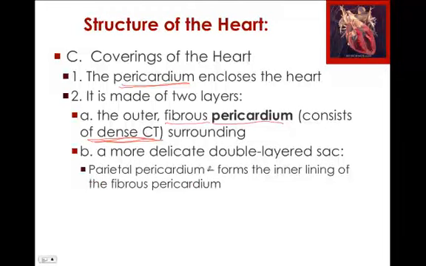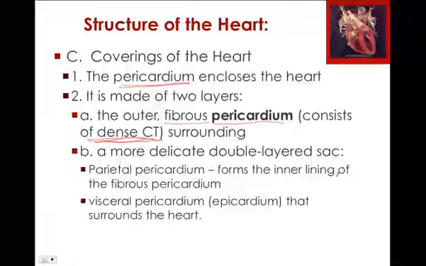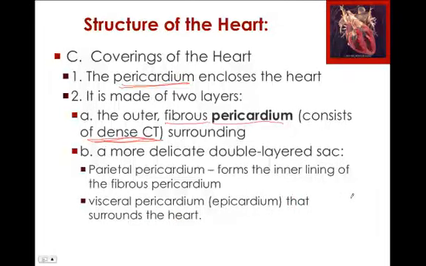So if you remember from the very beginning of the semester, we have these serous fluid sacs that cover many of our organs that are contracting. And because the heart is contracting and we need to reduce friction, we have this double-layered sac with serous fluid on the inside.